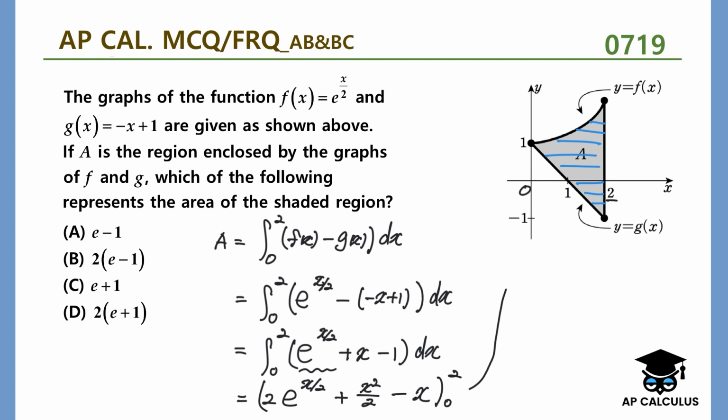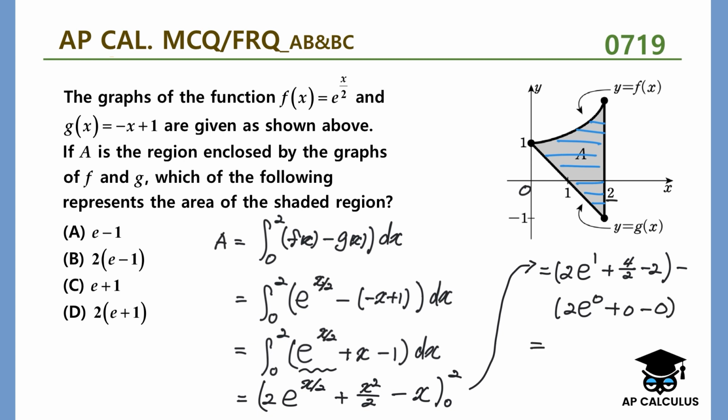So let me write over here. That is equal to, we're going to substitute 2. So 2 e to the power of 1 plus 4 over 2 minus 2. All of this minus, if we substitute 0 for x, that's going to be 2 e to the 0 plus 0 minus 0.